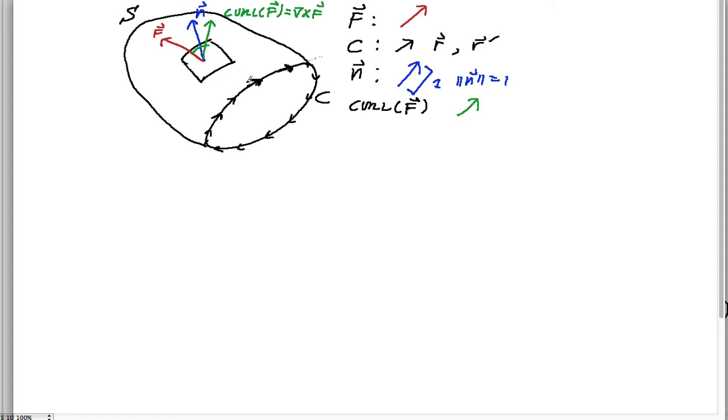And now what I'm going to do is indicate what do we know about the curl vector. We've talked about the curl before. So in general, the curl of any vector field indicates an axis, which we'll just put like that right there. And it indicates also a little patch of plane.